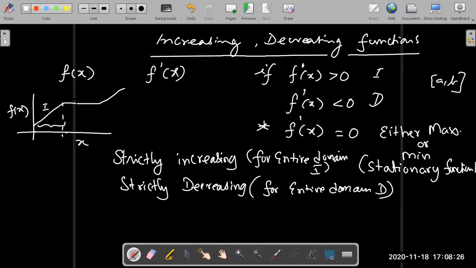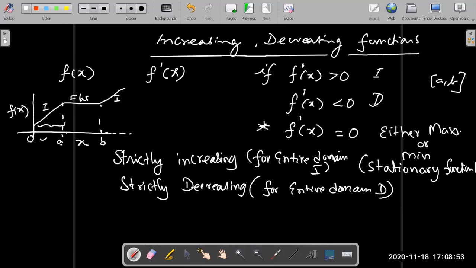Here, not increasing, it's flat. Then from here, it's again increasing. So in the interval 0 to a it's increasing, and from b onwards it's increasing, but between a and b it is flat.